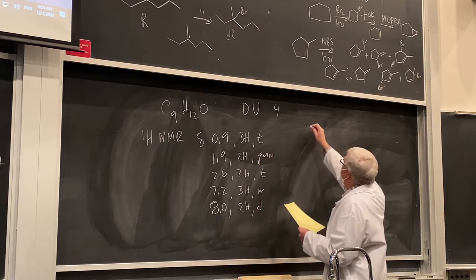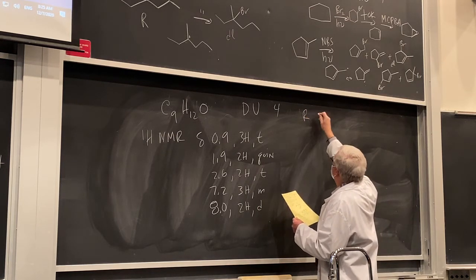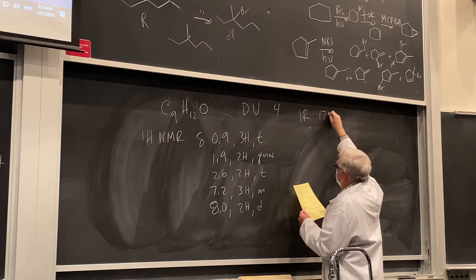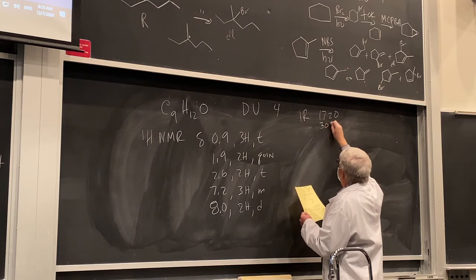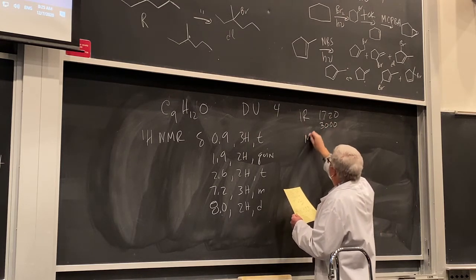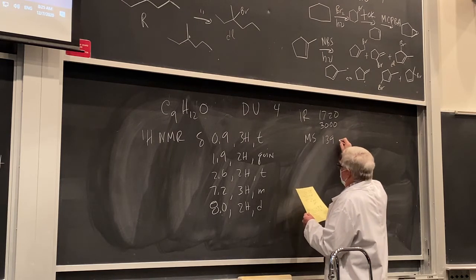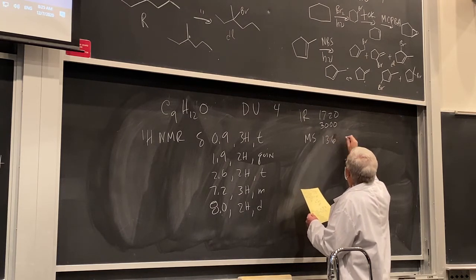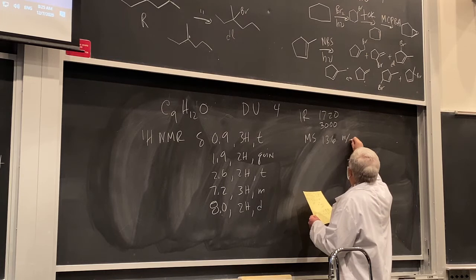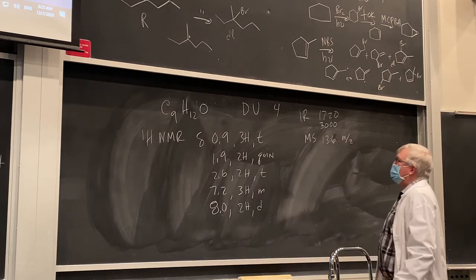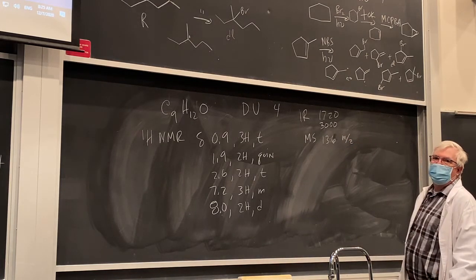Okay. A little bit of IR data, IR 1720 and 3000. And the mass spec, molecular ion, 136, sorry, mass to charge ratio. So let's see, what's the structure?